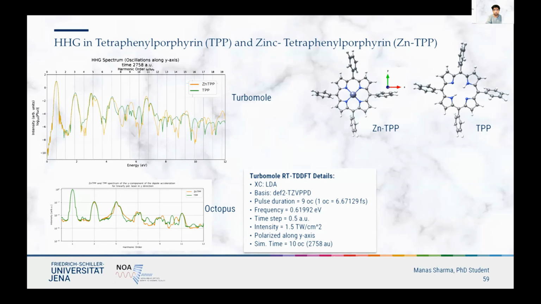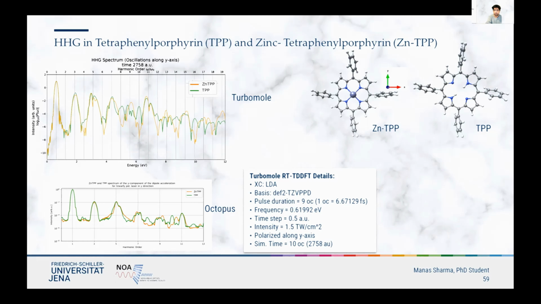So here is the high harmonic generation spectrum that we obtained from TURBOMOLE above and Octopus below. In orange, we have ZN-TPP. In green, we have tetraphenylporphyrin. And we see that both give qualitatively reasonable agreement with each other. For example, the first 4 harmonics are reasonably well defined in both codes.